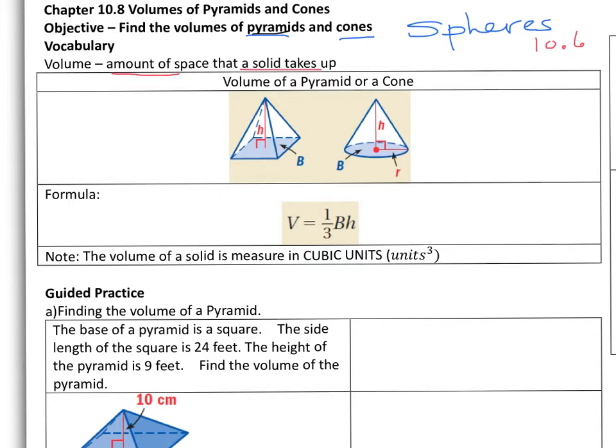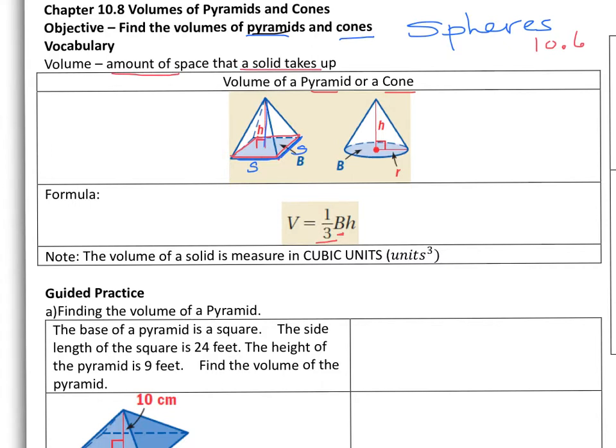The formula to calculate the volume for either the pyramid or the cone would just be 1/3 times the base area. So for the pyramid, the base area would just be this side times this side, and they should be the same length, S, times the height.